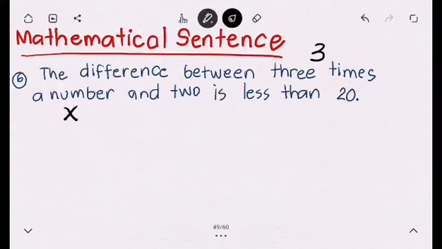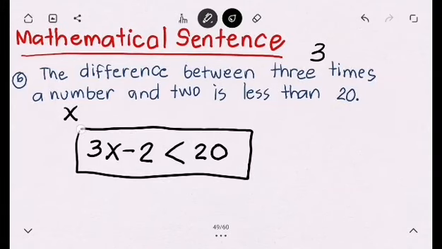So, difference nung 3 times a number, we have 3x. Difference nung 3 times a number and 2. Meron na tayong translation mula rito. Sabi dito, is less than 20. So, ang gagamitin natin is yung symbol for less than 20. Okay, so ito na yung ating mathematical sentence, which is an inequality. So, this is for number 6.